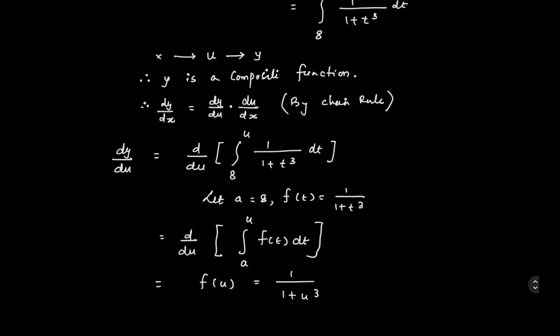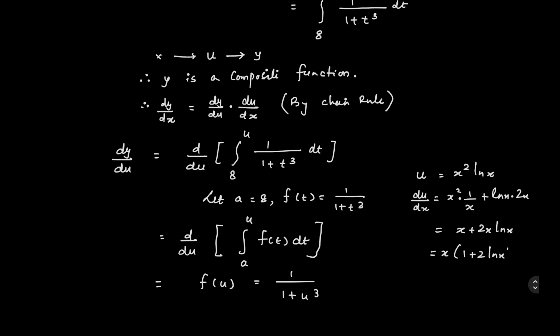Now you know u equals x squared ln x. So du/dx can be found using the product rule: x squared into 1 by x plus ln x into 2x. So this is x plus 2x ln x. If I take x common from here, this is x times (1 plus 2 ln x).